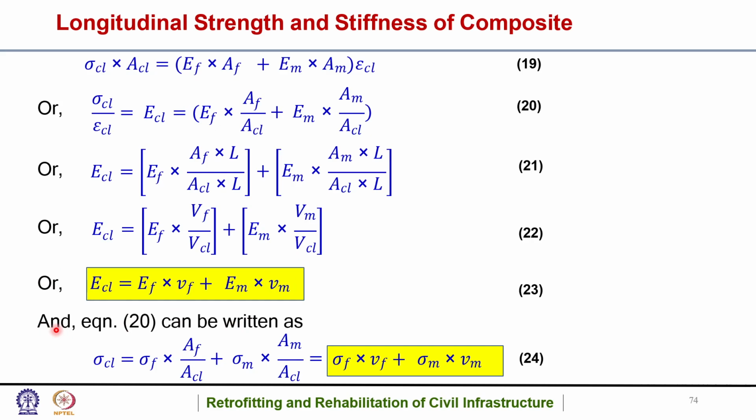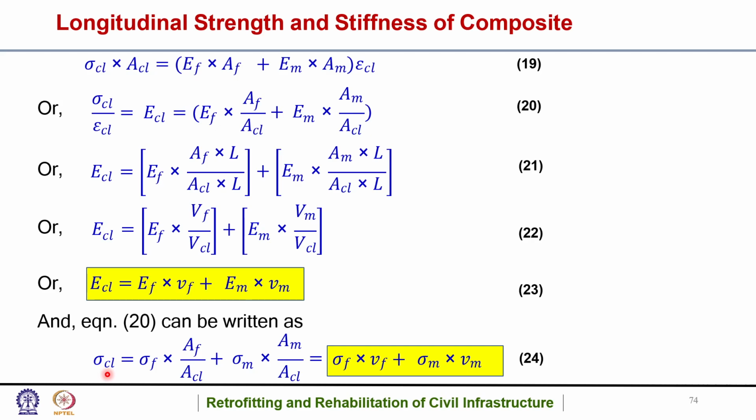And similarly, based on equation 20, it can also be written as sigma CL equal to sigma F into... because this EF is equal to sigma F by epsilon F, and EM equal to sigma M by epsilon M. Epsilon CL, epsilon F, and epsilon M are equal, so all get cancelled.